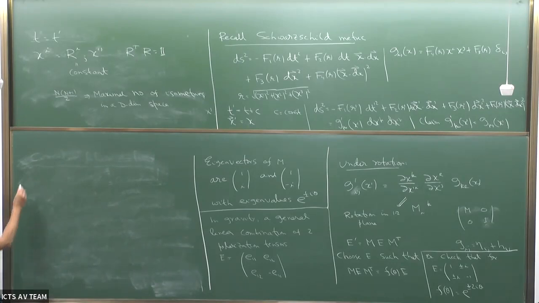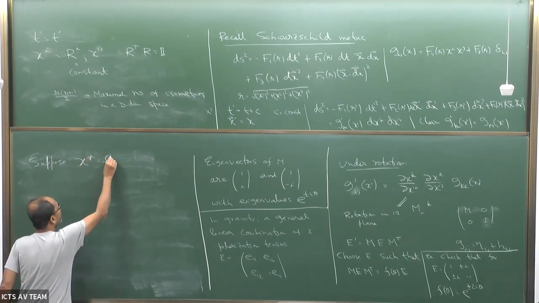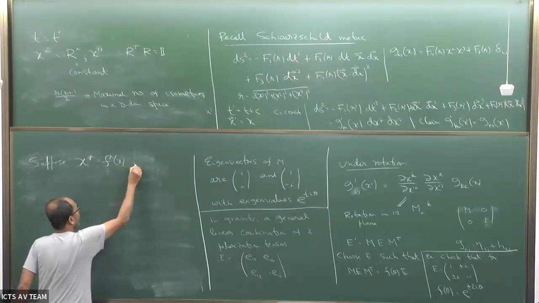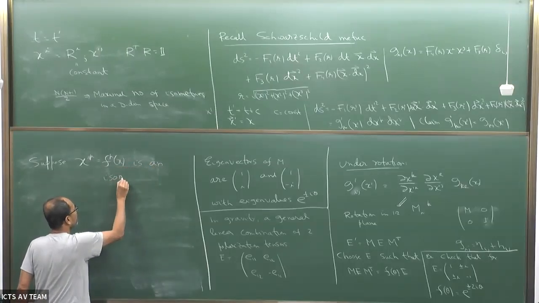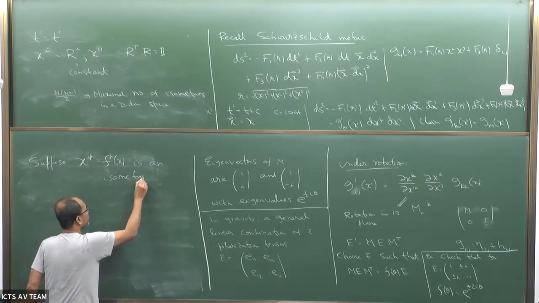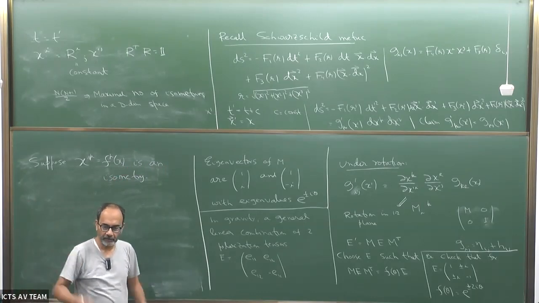So let's suppose x prime mu equal to f mu of x is an isometry, which means if you replace x prime mu by f mu of x, the metric retains its form. The functional form of the metric doesn't change.